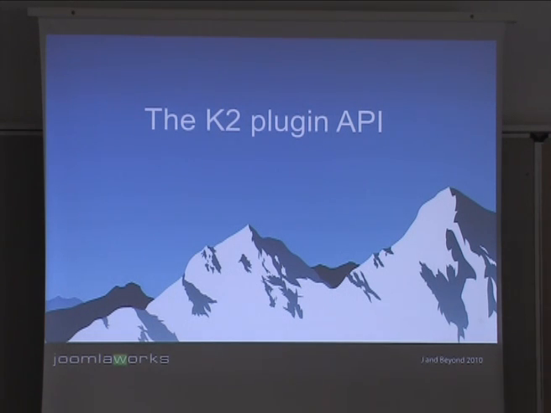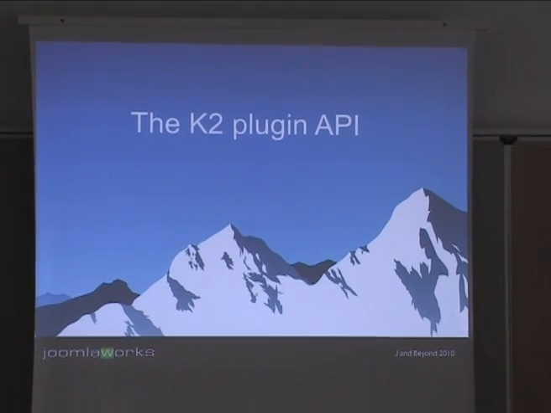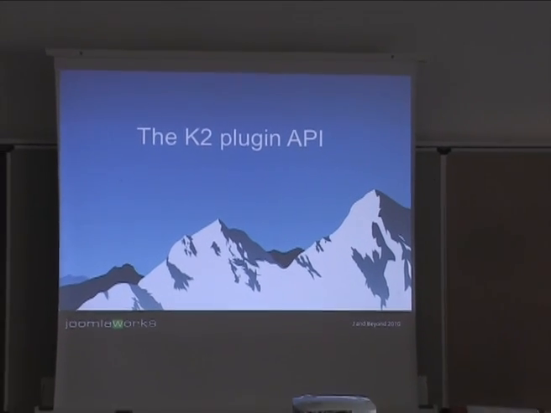Now, we're getting into a little bit more advanced stuff. The K2 plugin API. What we've done with the K2 plugin API is that we've basically allowed for plugin events to be executed in the backend and the frontend as well.